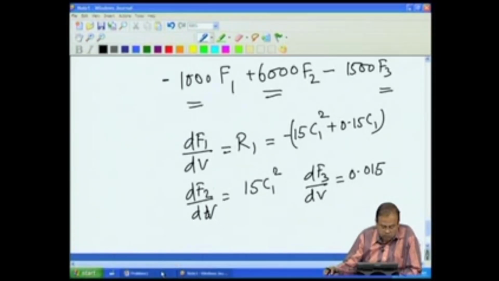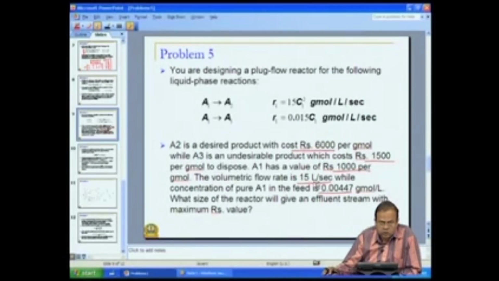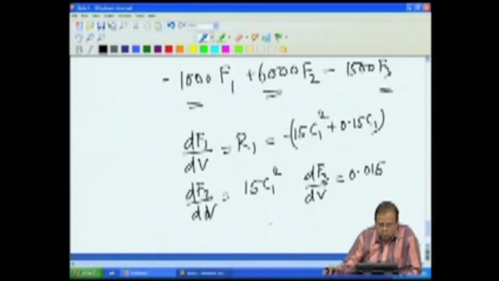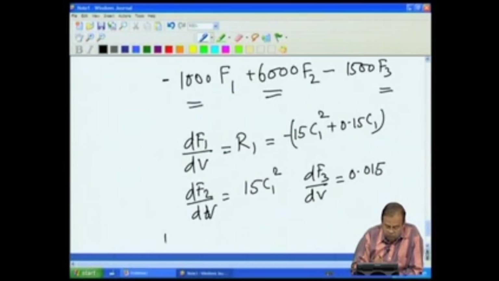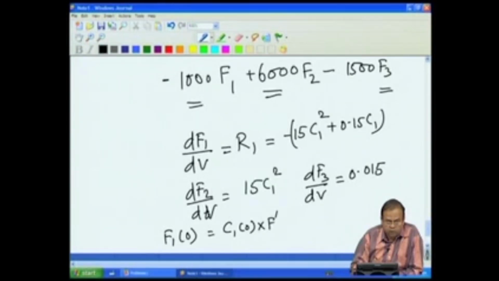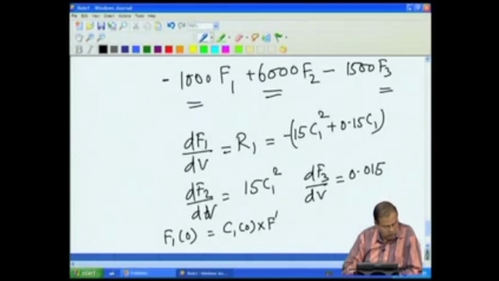What else is given to us? It says that the volumetric flow rate is known and the concentration in the feed is known. So, F1 in the feed is the concentration in the feed multiplied by my volumetric flow rate, and there are no products in the feed.